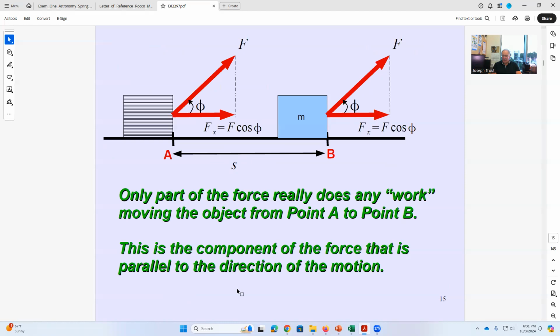So only part of the force really does any work moving from point A to point B. And this is the component of force that is parallel to the direction of motion. In this case, it's F times the cosine of phi. We're calling this angle phi in this chapter.